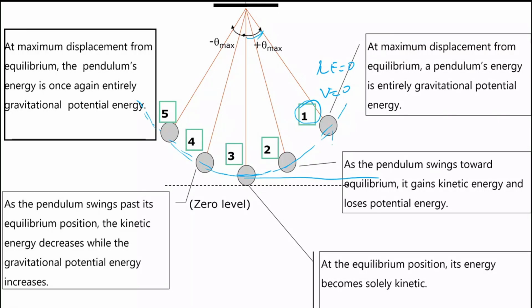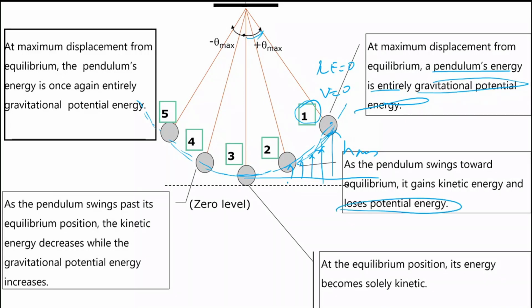Because it is at the highest altitude, h maximum, the pendulum's energy here is completely gravitational potential energy. Then when the pendulum bob is released, it starts swinging towards the equilibrium position. So the height decreases. As height decreases, we know gravitational potential energy decreases.